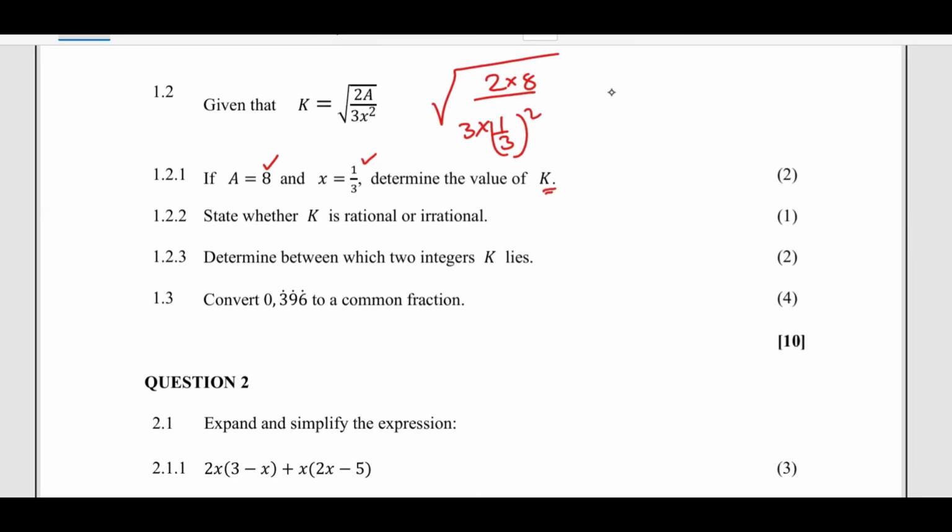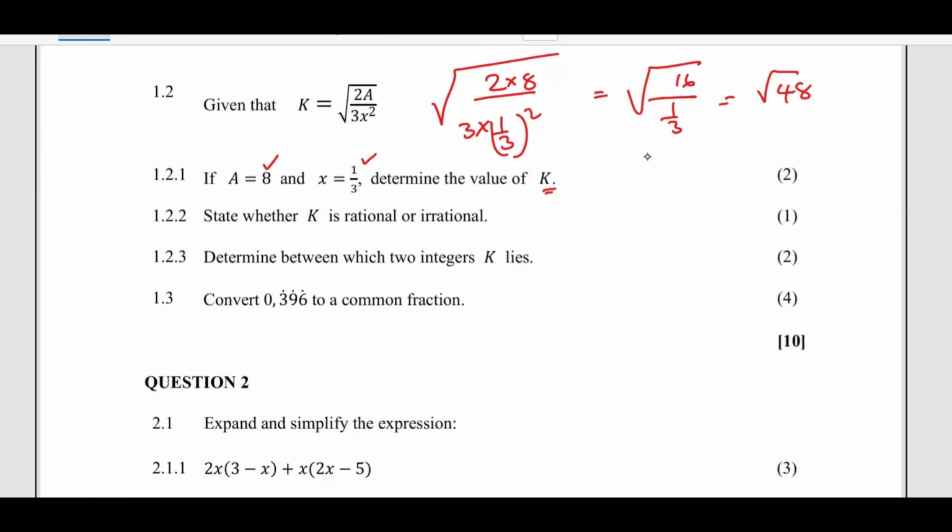Okay, so that's going to be square root of 16 over 1 over 3, which gives us square root of 48, if I'm not mistaken. Okay, so since they want the value of k, we can leave it like that.